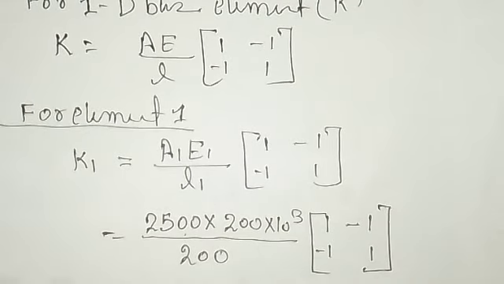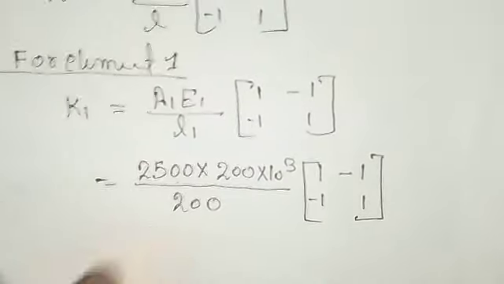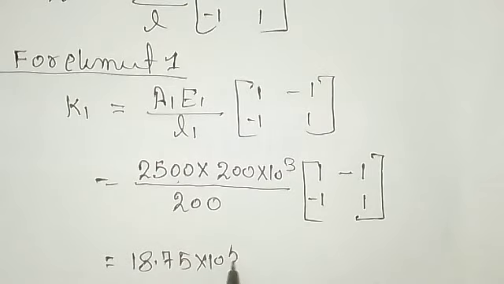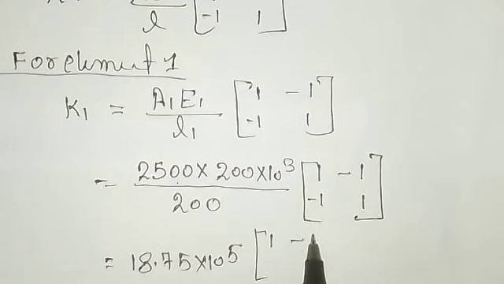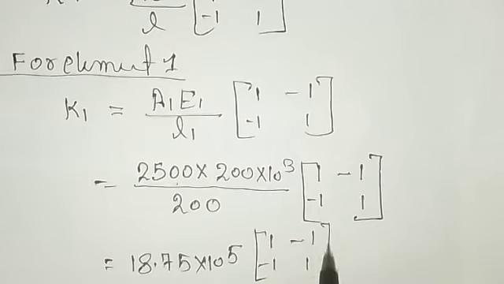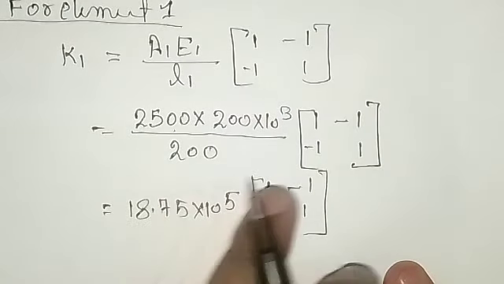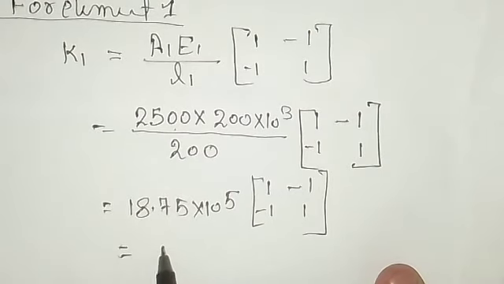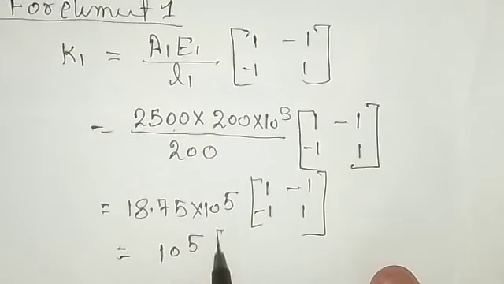On simplification, we get 18.75 into 10 to the power of 5 times [1 -1; -1 1].